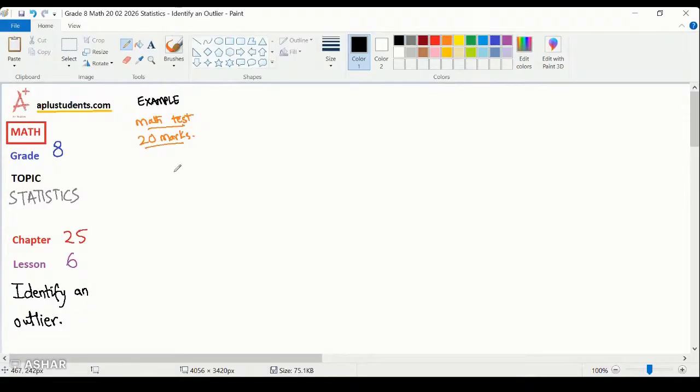They got 12 marks, 15, 18, 19, and 20, right? One student got 20 marks, but there's one student who got a 0 as well. So in this case, if there were 6 students: 0, 12, 15, 18, 19, and 20.